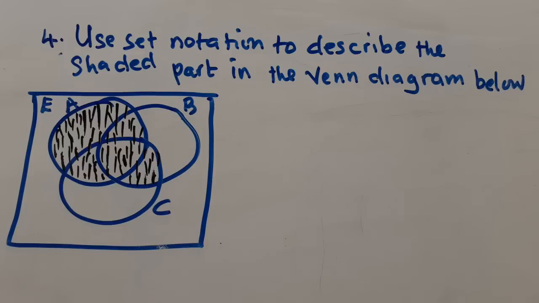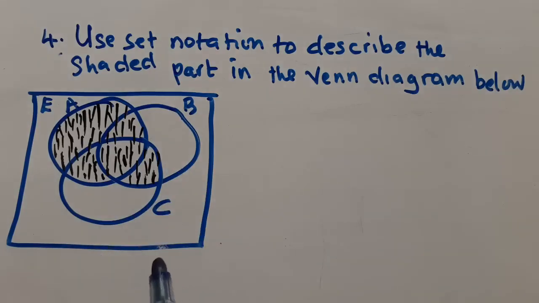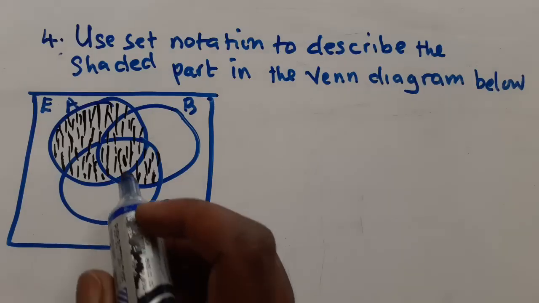So we come to question 4. Use set notation to describe the shaded part in the Venn diagram below. So here, there's one thing that you are supposed to look at. Which parts are shaded here?